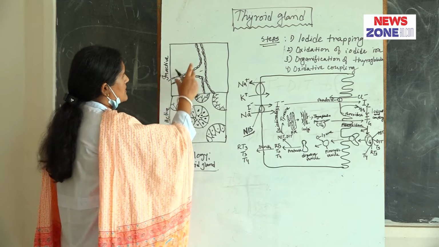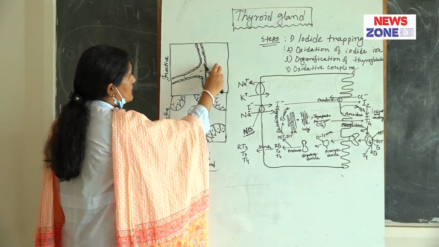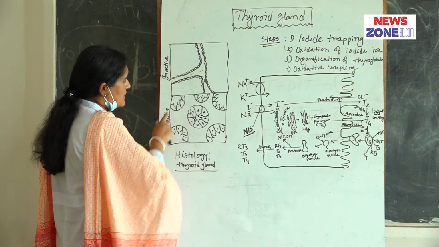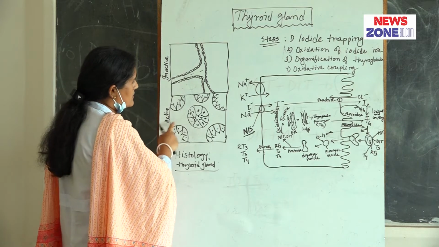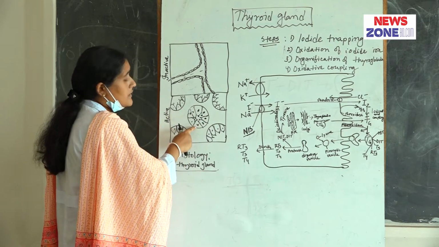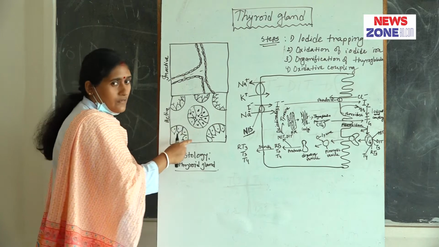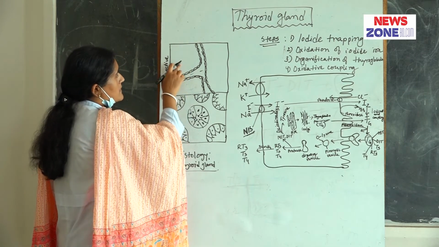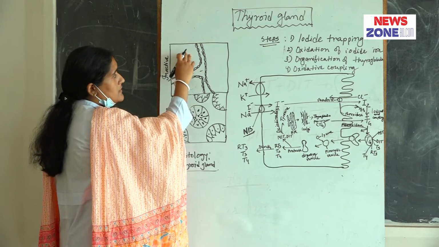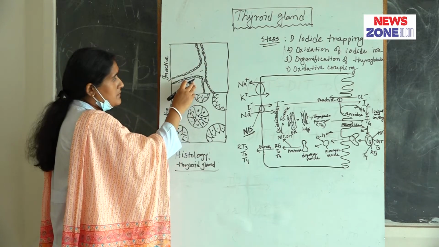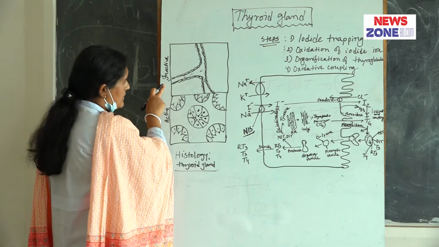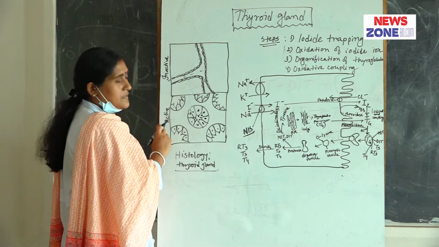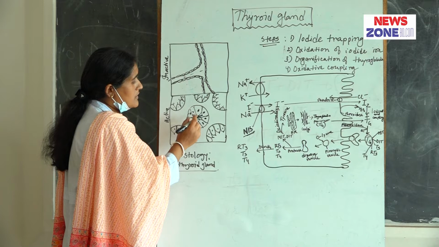Histologically, in the inactive stage the size of the follicle is large, but in the active stage the size of the follicle is small. Number two, colloid within the follicle: a huge amount of colloid is present in the inactive stage, but in the active stage the amount of colloid within the follicle is small.